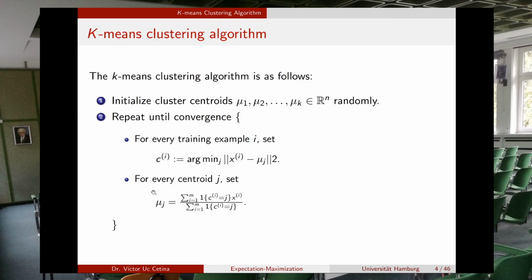And you will repeat this. You will reassign the centroids and then update the mean or the average of the vectors until you notice that the assignment of these input vectors is not changing anymore.